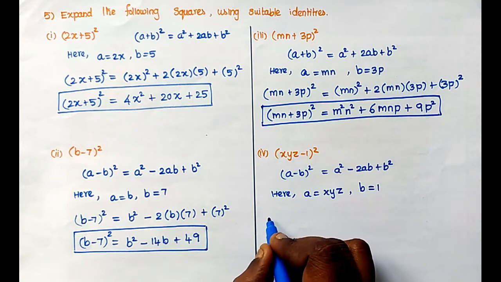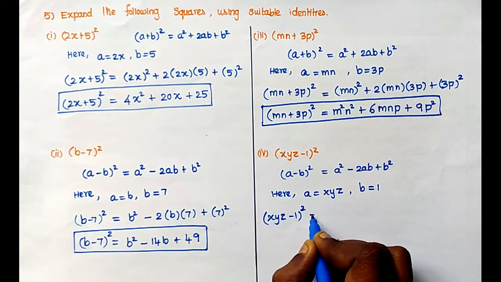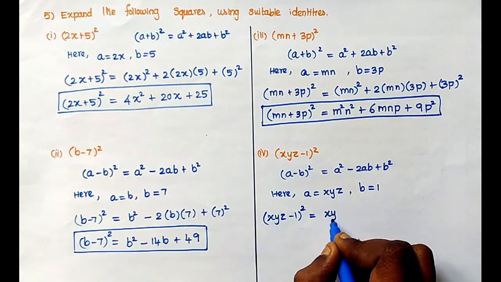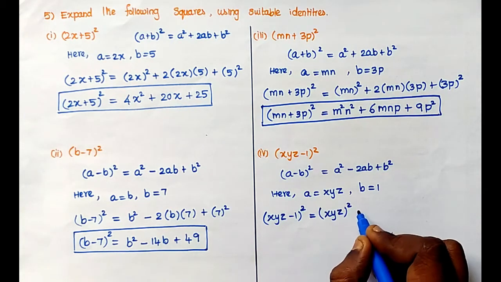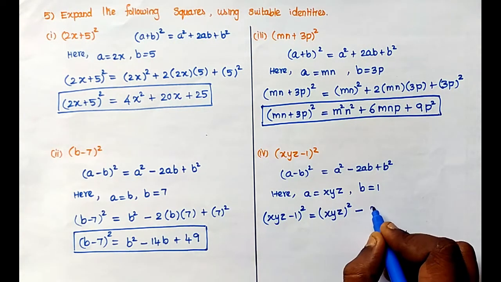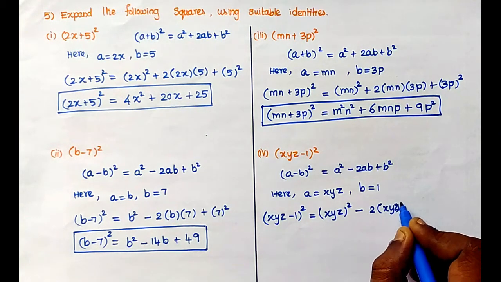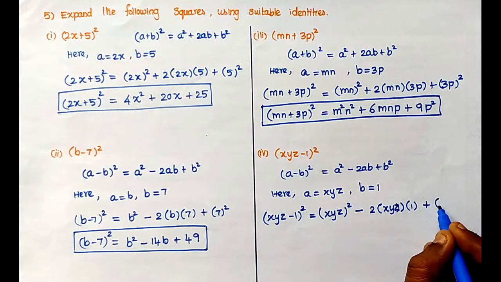Now applying this formula, (xyz - 1) whole squared is equal to a squared, that is (xyz) whole squared, minus 2ab, xyz into 1, plus b squared, that is 1 squared.